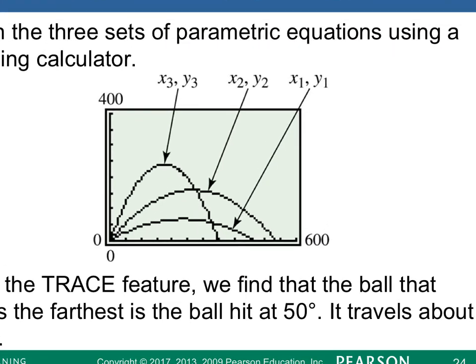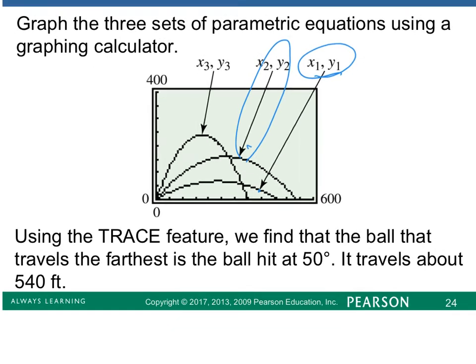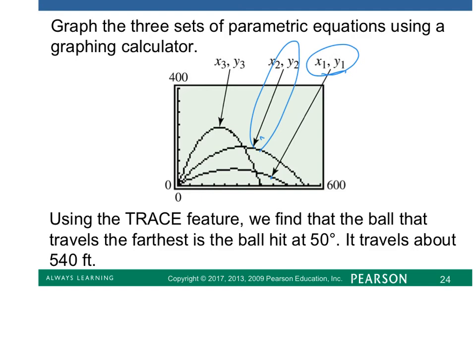And what do we find out? The first one was not the farthest. The second one was the farthest. That would have been the 70. No, that would have been the 50. 50 degrees went farther. There comes a point where if the angle's too high, too steep, it goes up but comes down too fast.